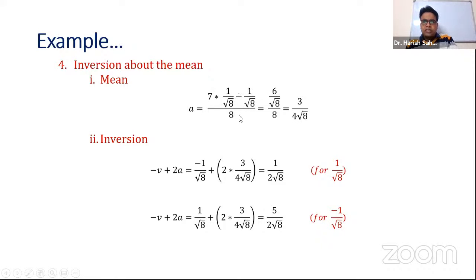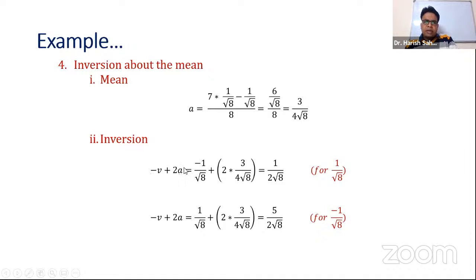If we solve this, and for the average we divide by 8, we get this amplitude, that is basically 3 by 4 square root 8. Is it clear? What we are computing here is the mean of the amplitudes. Earlier, initially it was 1 by square root 8 only. So in the second operator, we are inverting about the mean.